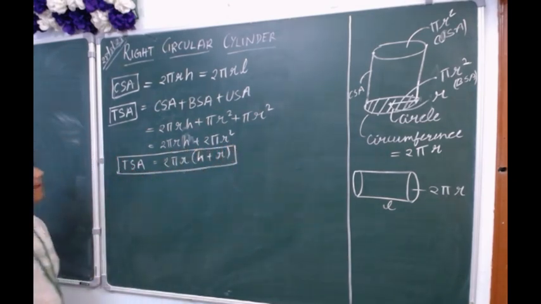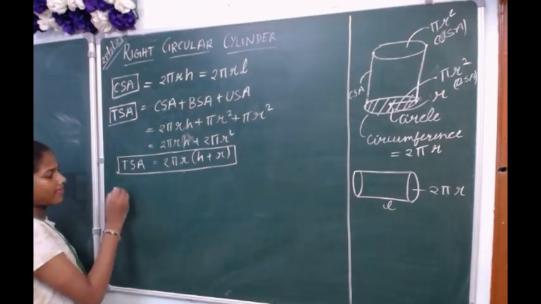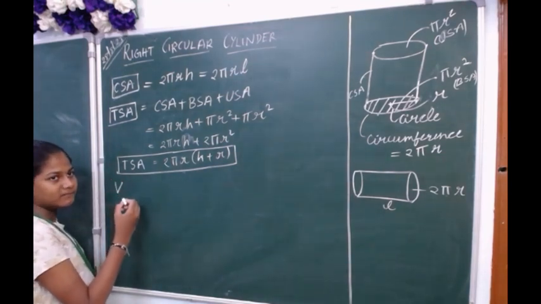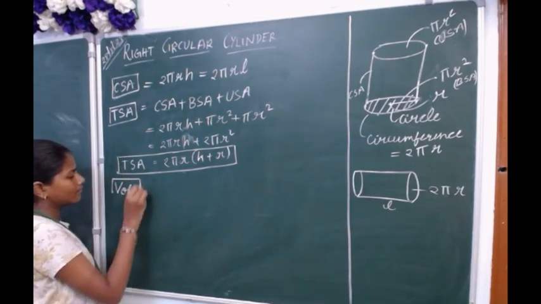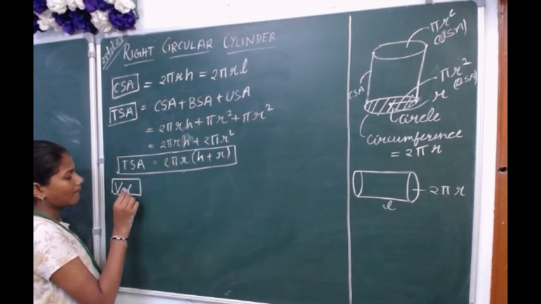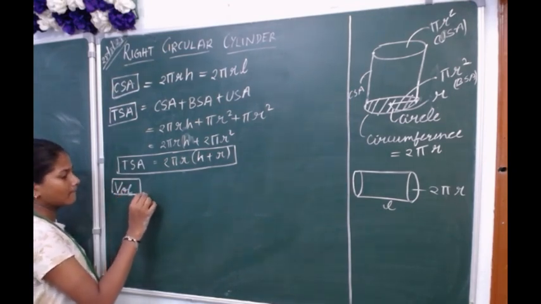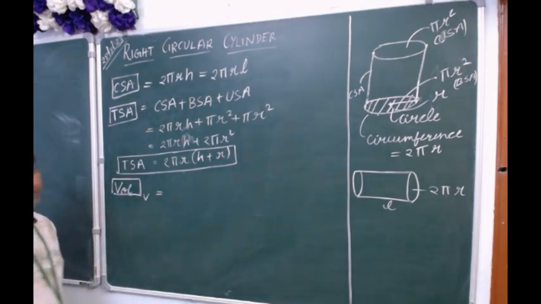Suppose we are interested in the volume of the cylinder. This can be represented by V. In the case of volume, you have to consider the area of cross section. So you have the cylinder like this.